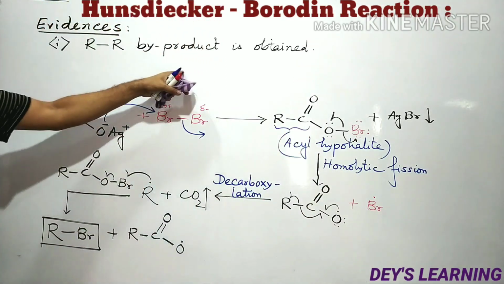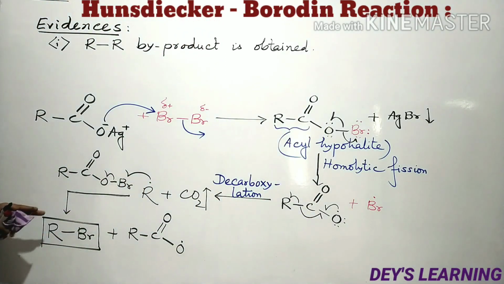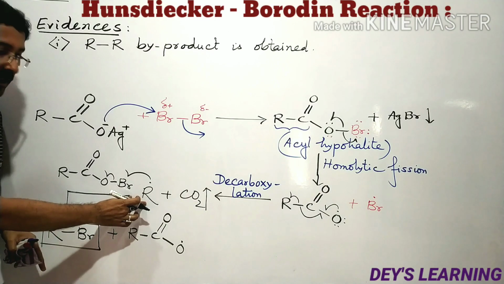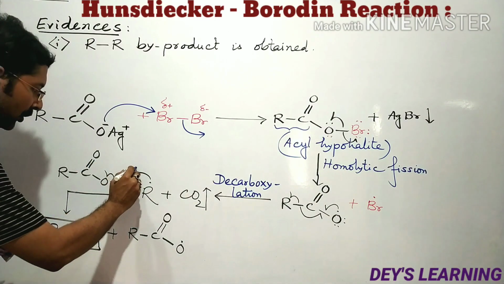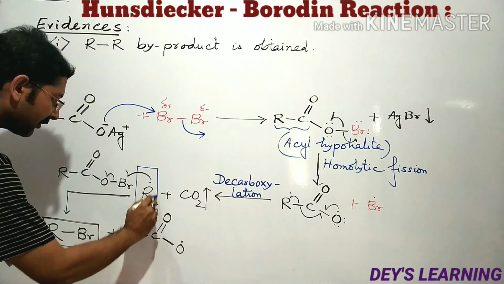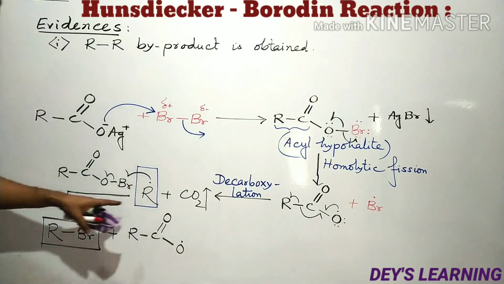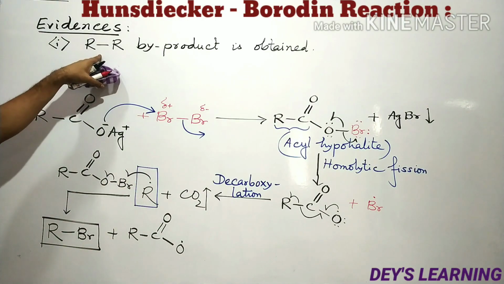So this result supports the formation of this alkyl free radical, because this alkyl free radical on dimerization produces this alkane byproduct.